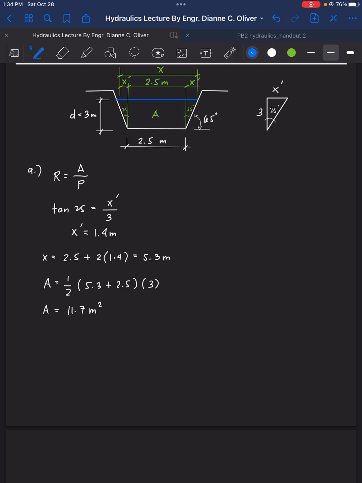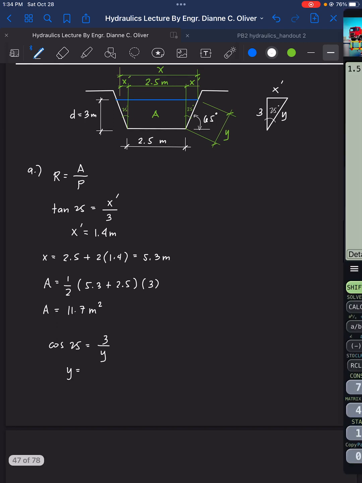Now for the wetted perimeter, we need to find the value of the sides here. Let's name this side as y. So in our triangle here, this is our y, the hypotenuse. So cosine 25 is equal to 3 over the hypotenuse y.